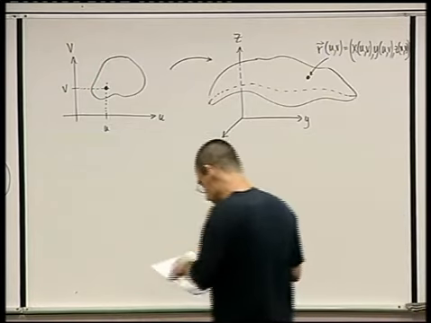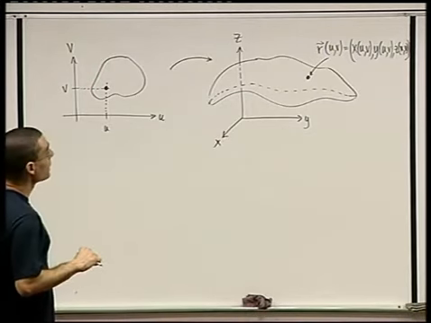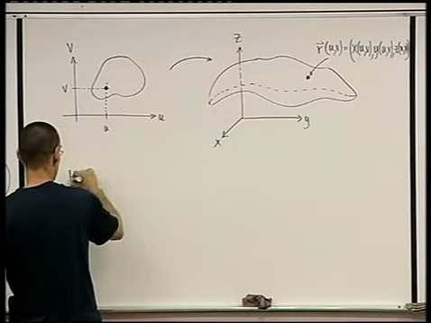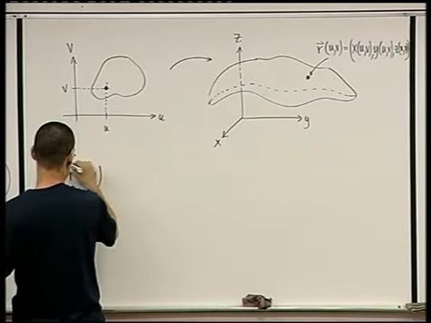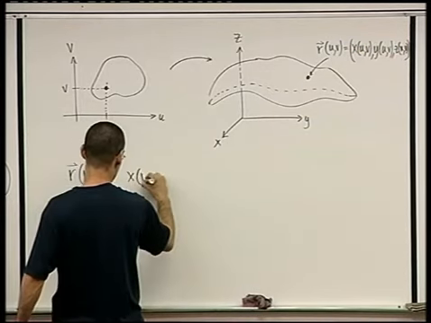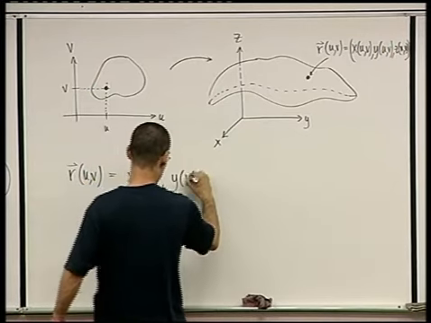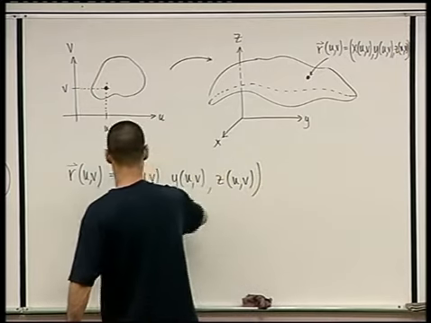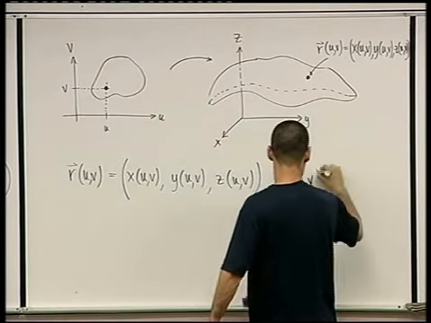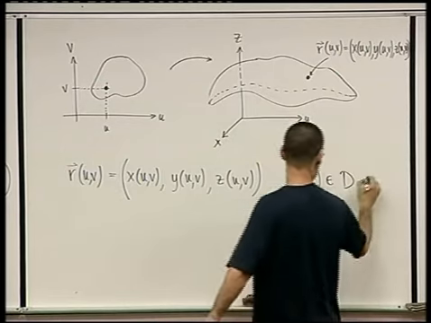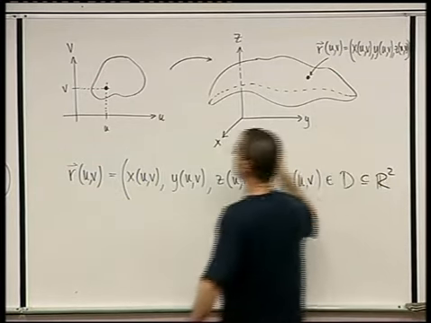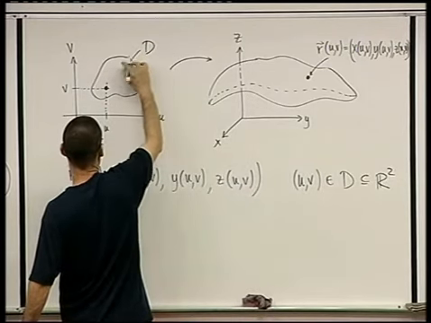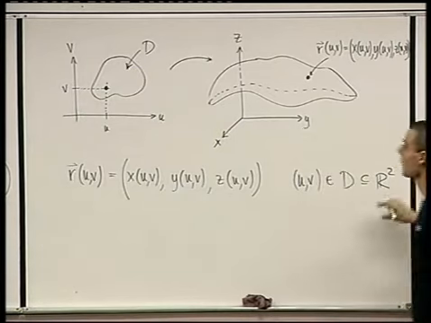Now, maybe I'll write this again here, because we want to work with that. R of uv is the parametrization equals x of uv, y of uv, z of uv, where uv ranges in some domain D in R2. So this is D. Clear?